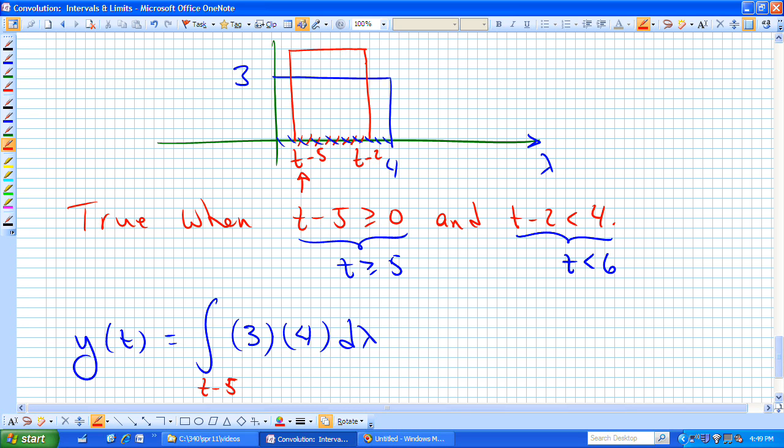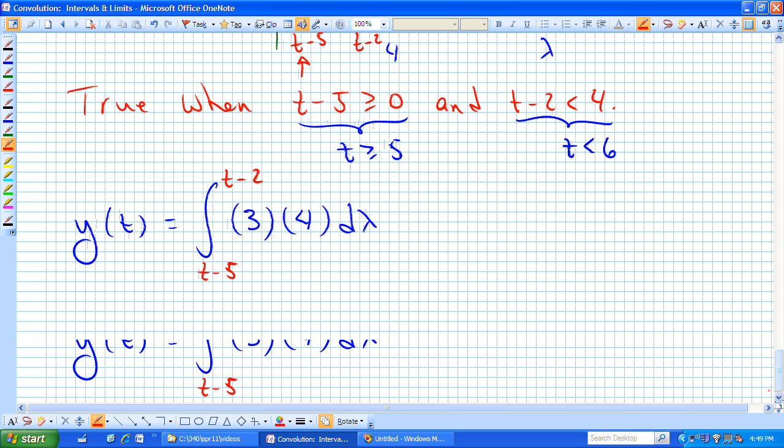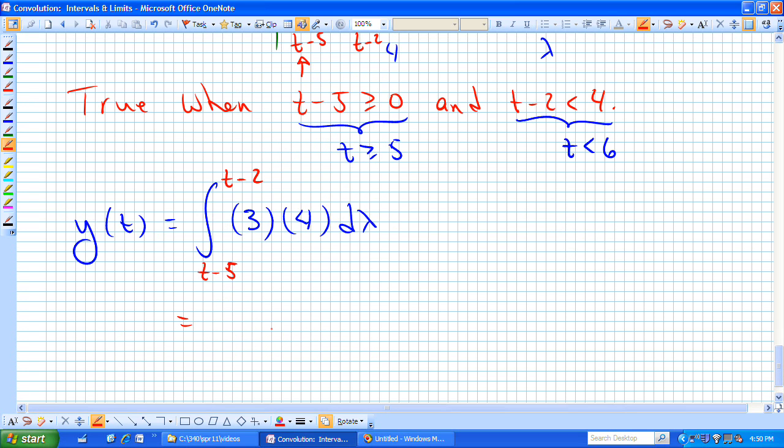That's when these crosshatch patterns overlap, and we go up to t minus 2. And we now are in a position to perform this integration. The result is still 12 lambda. We now simply need to evaluate this at these new limits of integration, upper limit of t minus 2, lower limit of t minus 5.